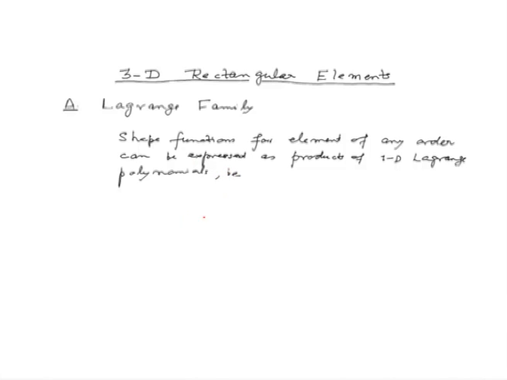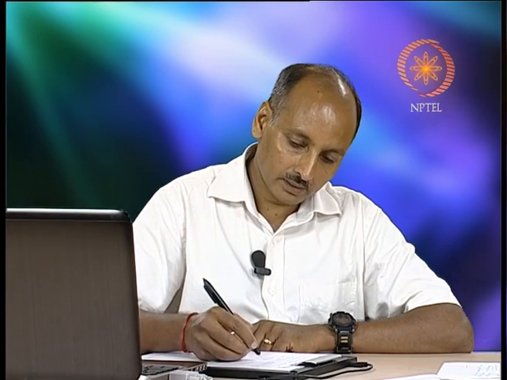That is, if you want to write a generic shape function N_alpha for a node alpha, this can be expressed in terms of N_I, N_J, N_K. Now, I, J and K are being used to represent one dimensional Lagrangian shape functions in x, y and z directions respectively.